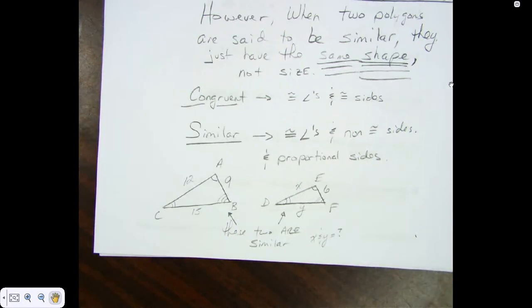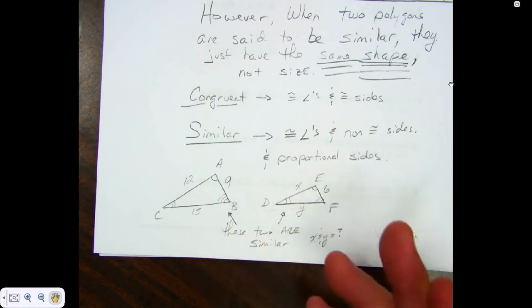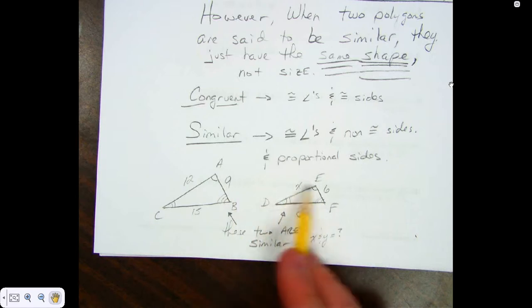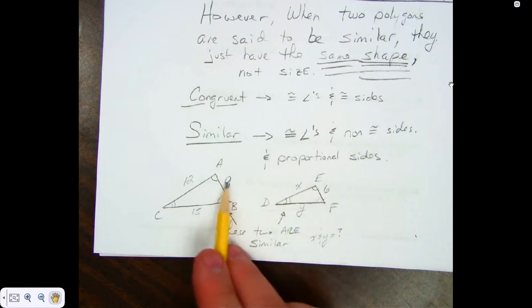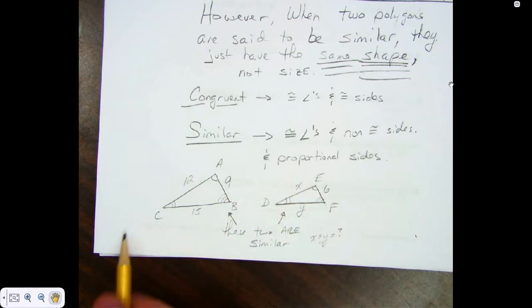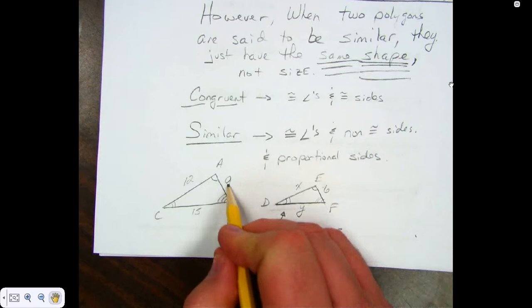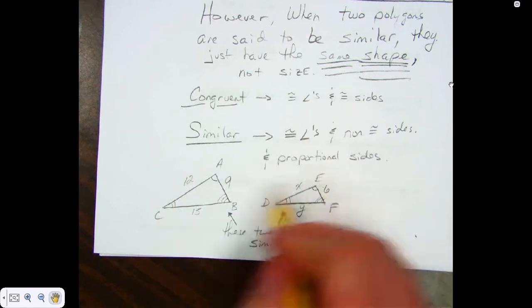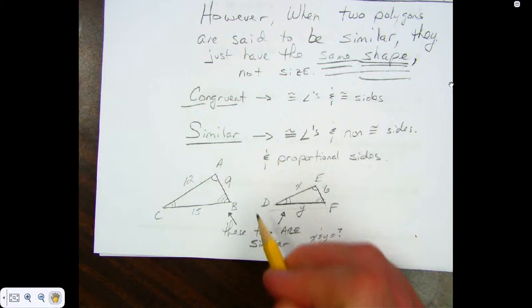Here's the deal. If they're similar, then this one has been shrunk a certain amount, whether it's 50%, twice as big, or a third as big. The key to similar polygons is that this one over this one will always equal the same ratio: the ratios of the corresponding sides will always be the same.